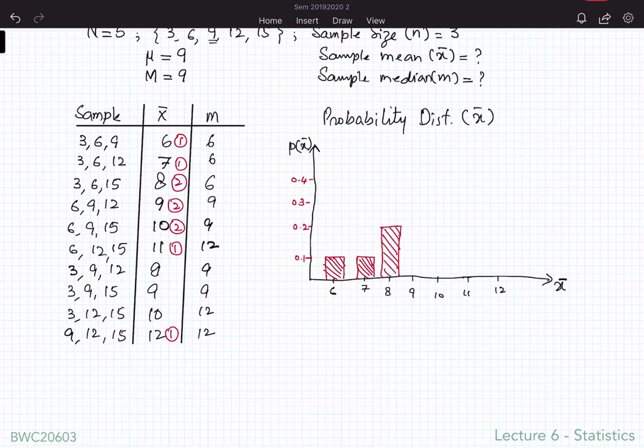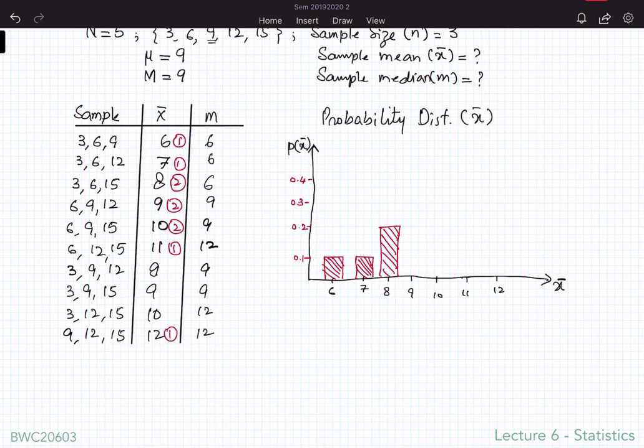And 9 has 0.2 also, and 10 has 0.2 also. You can plot them like this. The width of the columns should be equal.